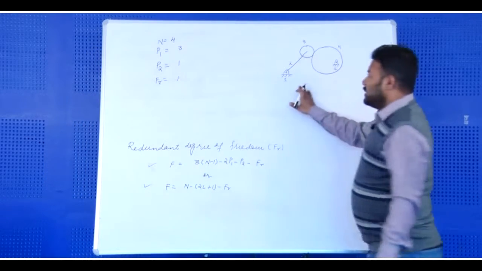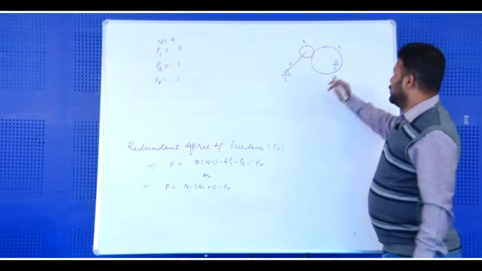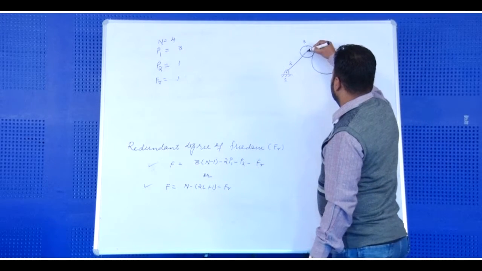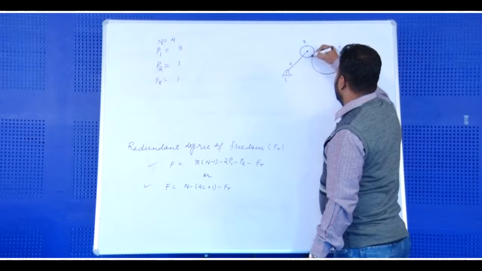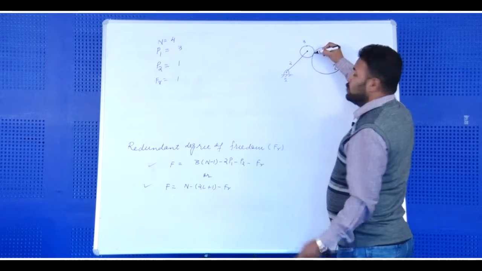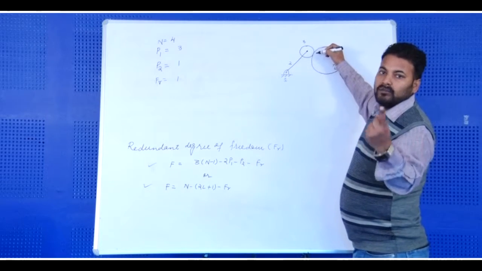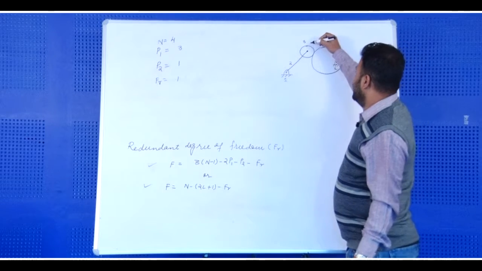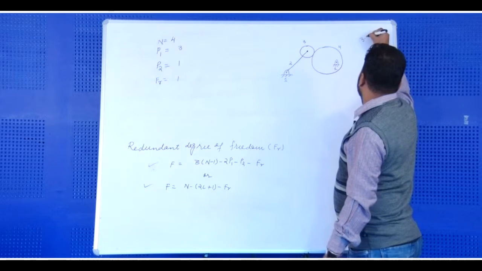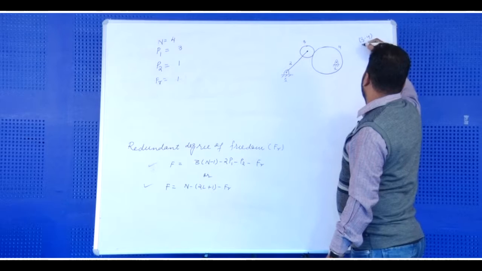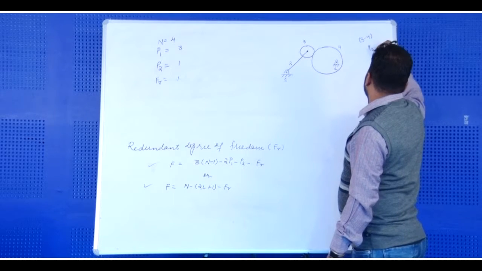A 4 link mechanism can constitute a maximum of 4 pairs. As we can see, link 3 can rotate about its axis, so there is a possibility of 2 motions at a time, one sliding and one rotation. That is why this pair 3, 4 is a higher pair P2.